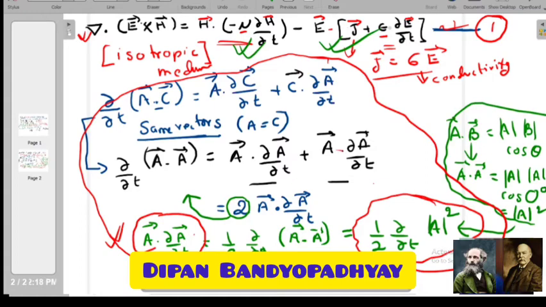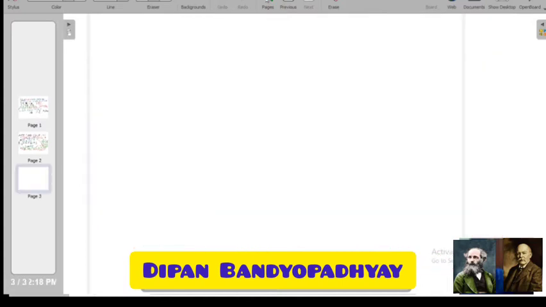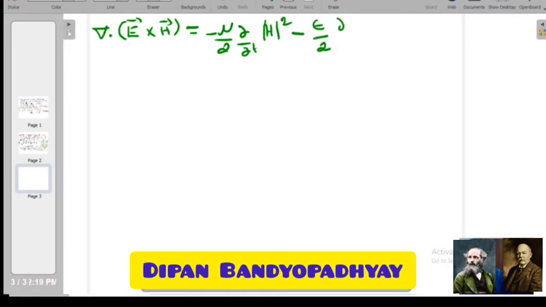Okay, so let us see what we have. Ultimately, if I use that relation we have derived, we'll be having the divergence of E cross H equal to minus mu by 2 del by del t of mod H square, minus permittivity by 2 del by del t of E square, and we have sigma E square.